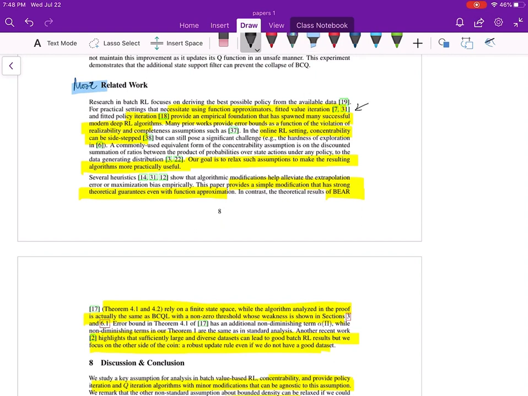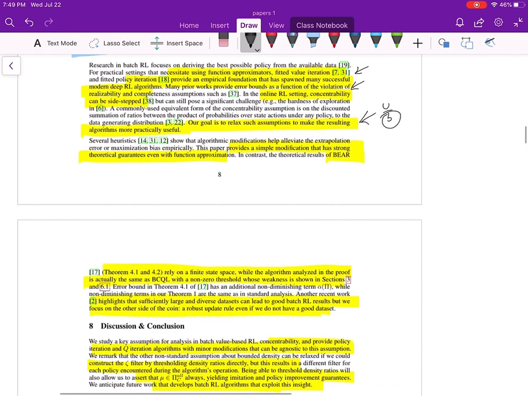For practical settings, with function approximators and fitted value iteration, many prior works provide error bounds based on the concentrability coefficient. Our goal is to relax the assumption, which is why they come up with the hyperparameter B. Yeah, this is equivalent to the concentrability coefficient C.